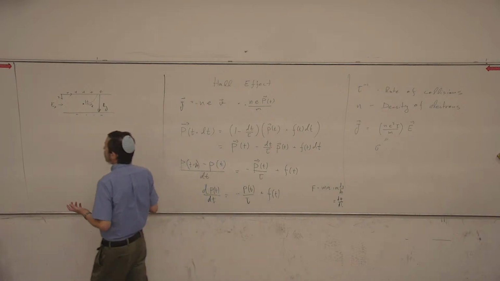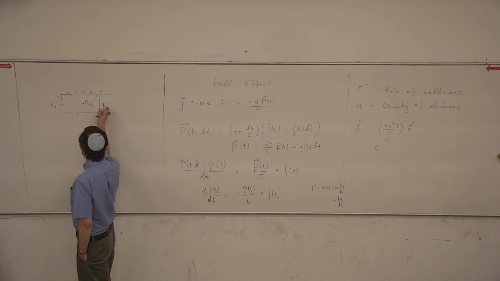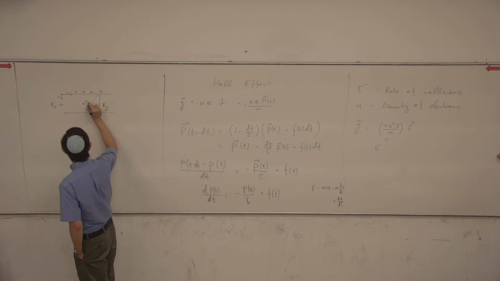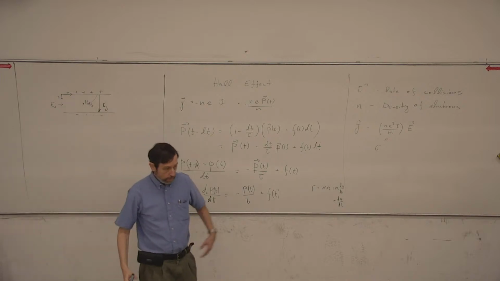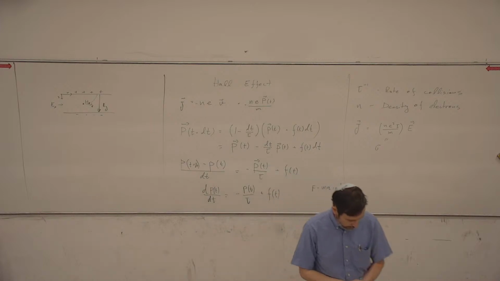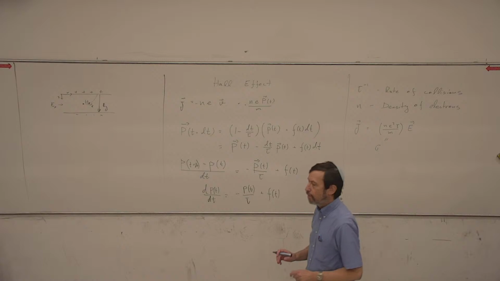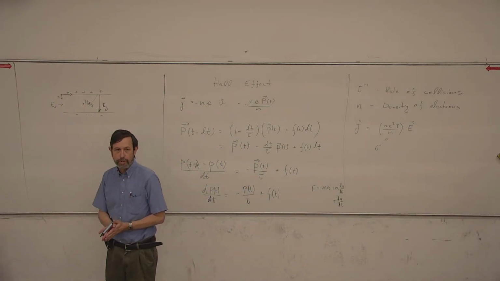Okay, now we have EX, EY, and the magnetic field. Of course, here it's HZ. And we just have to write down the equations of motion, but before that, what are the two properties that I can measure?